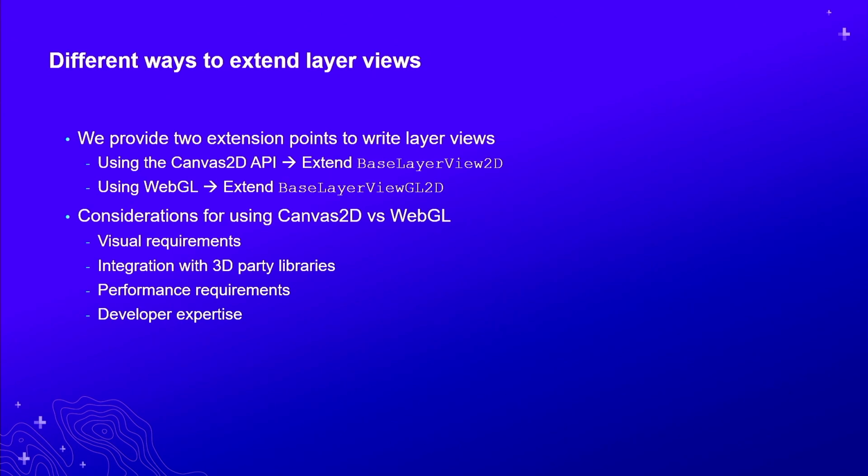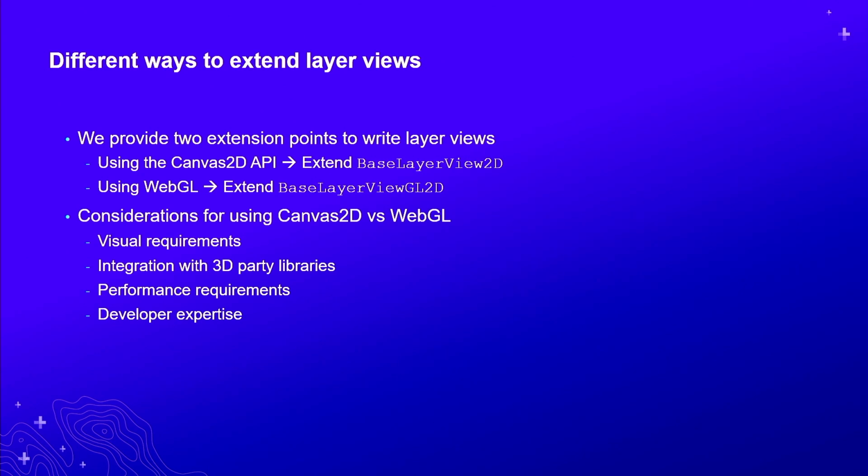And as for when and how to choose between the two, the answer is, of course, it depends on multiple questions. What are the visual requirements? Is it static data or data that changes constantly? Is there a need to integrate with a third-party library that is already using a particular rendering graphics API?